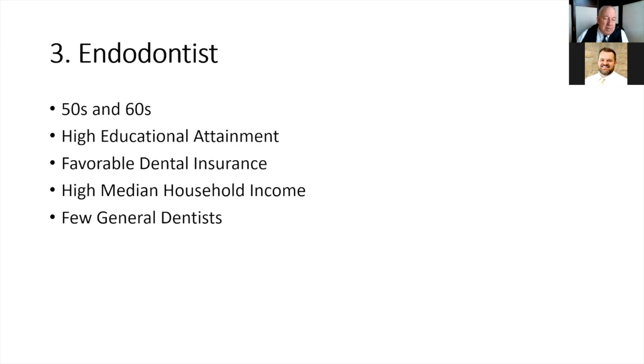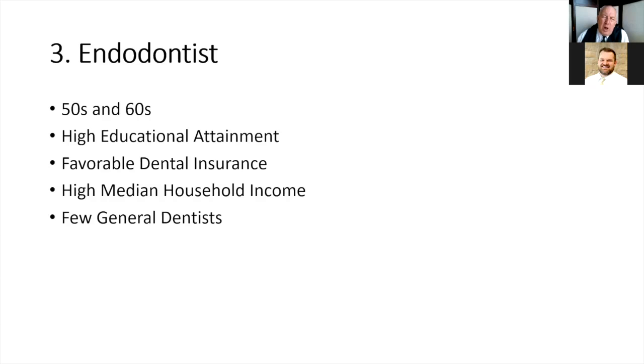So high median income, but I've also found that when there are a lot of general dentists and they're really aggressive about trying to keep production from walking out the door, they'll do everything they can to do root canals. They see it as a profit center for them.